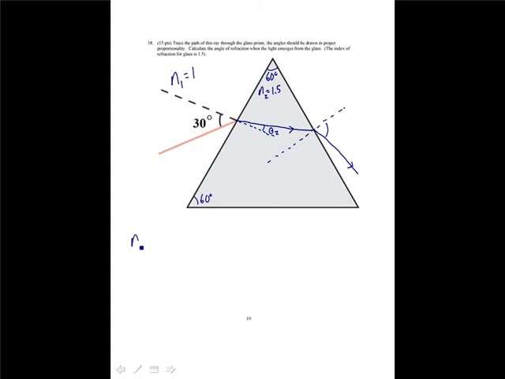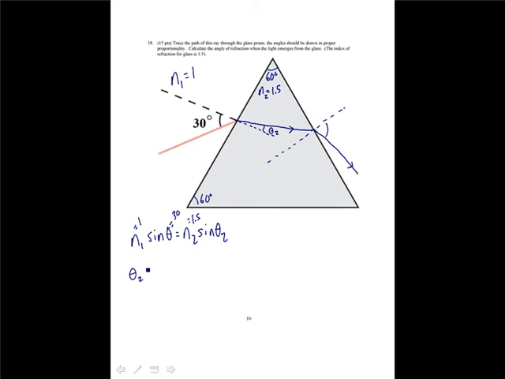And I say n1 sine of 30 is equal to n2 sine of theta 2. n1 is equal to 1, n2 is equal to 1.5, and the incident angle is 30.